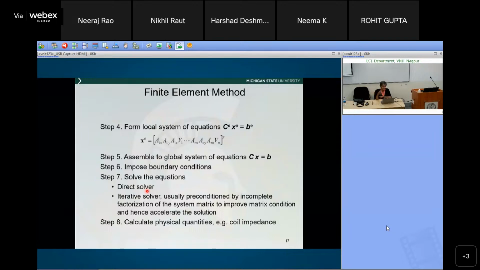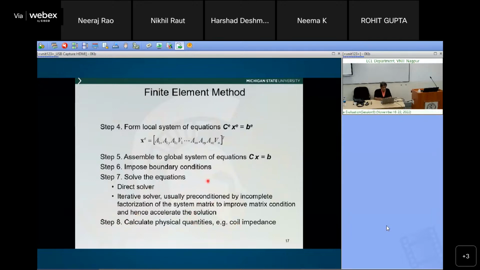Or you can use an iterative solver like the conjugate gradient and others. If you use an iterative solver, it is good to precondition the matrix. We use some incomplete Cholesky decomposition, and there are very standard libraries of these. I don't want to get into that.